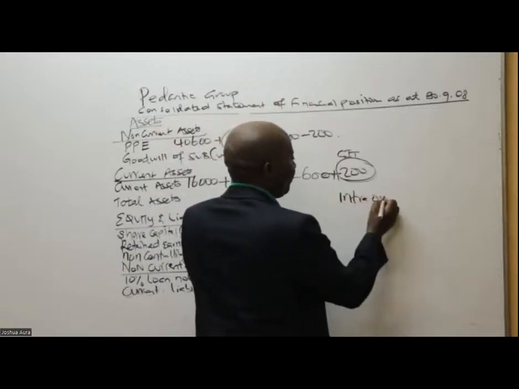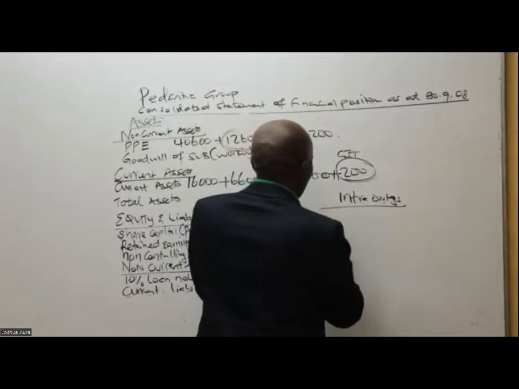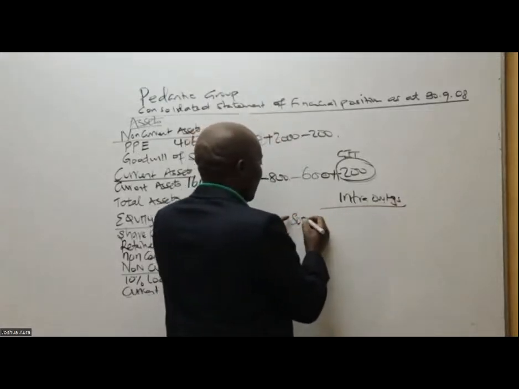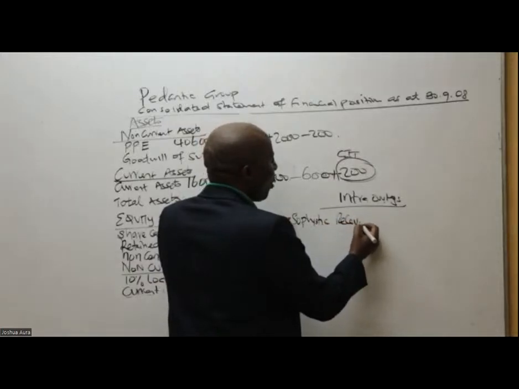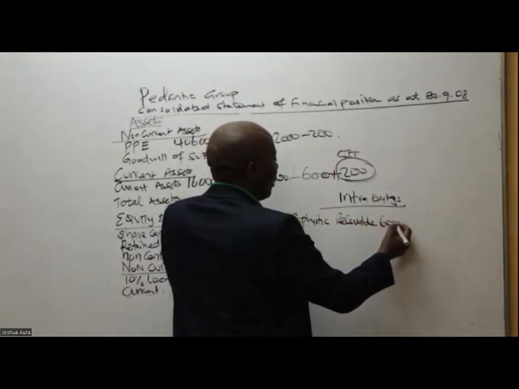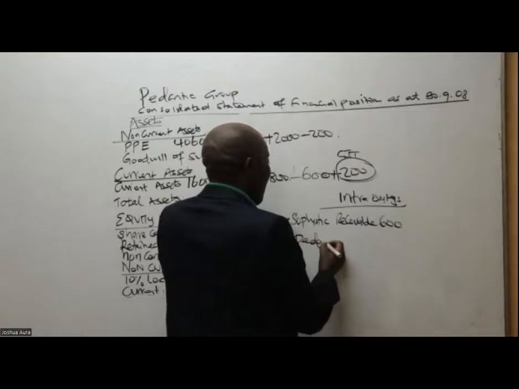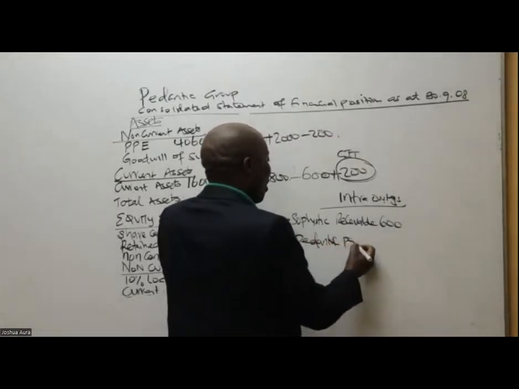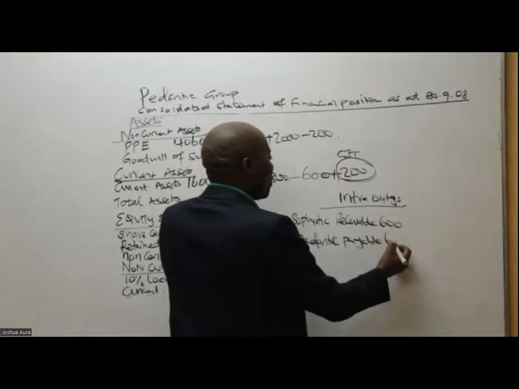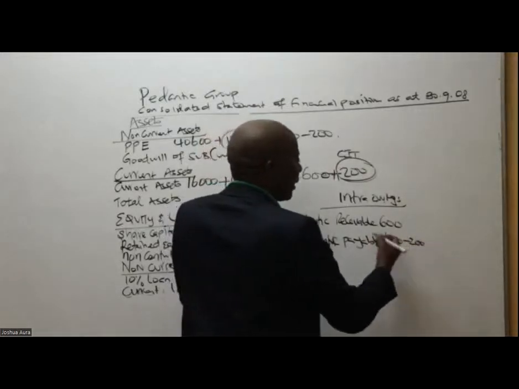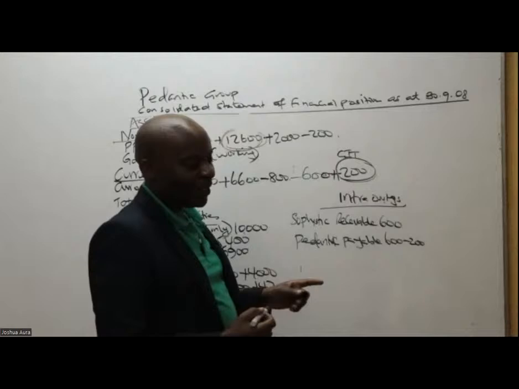We have Sophistic receivable 600 and Pedantic payable 600, but remember they released 200 as cash in transit.